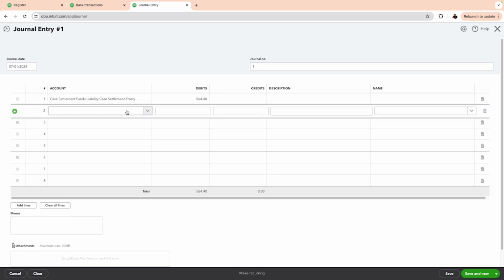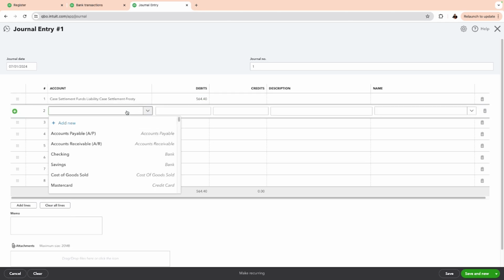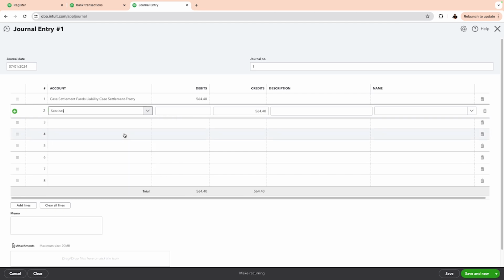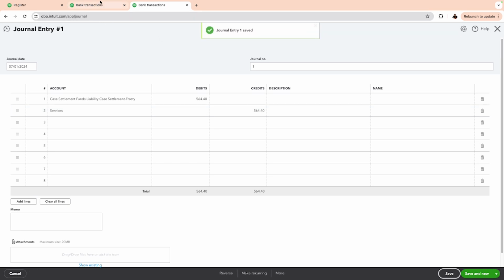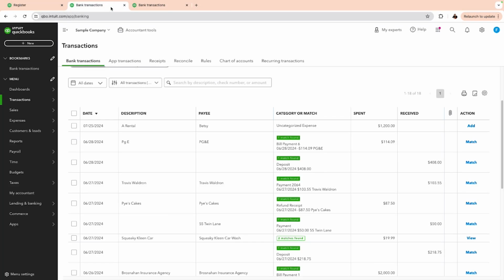And what I'm gonna debit here, it's gonna be service income. I'm sorry, not debit, credit. What I'm gonna credit here is service income, so that I can record that sale. So it's never gonna hit the checking account, because it was already in the checking account. I'm just removing that liability so that I don't have to pay anything else besides that. This is the leftover. This is the money that belongs to the attorney fees.